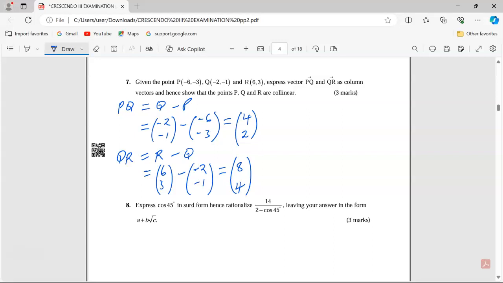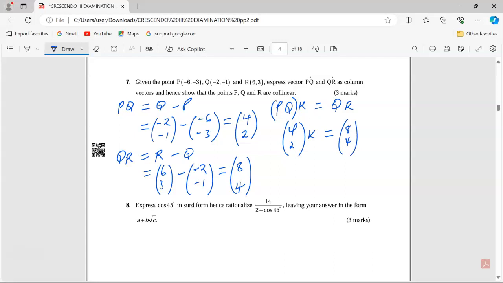For us to show collinearity, now that we have the vectors, we should show that one of the vectors is a scalar multiple of the other. For example, if we assume that PQ is multiplied by a certain scalar to give us QR, then we can check whether it is true by saying PQ equals (4, 2), multiplied by a certain scalar k to give us (8, 4).